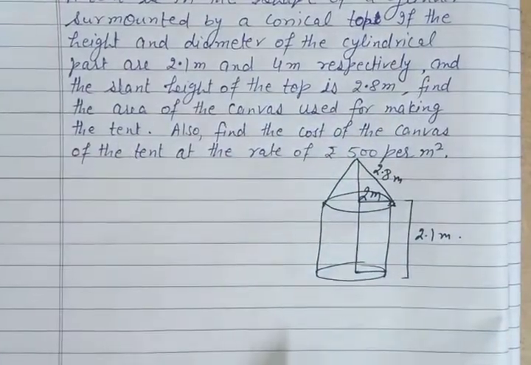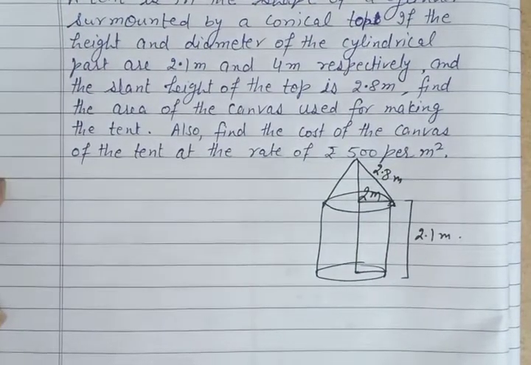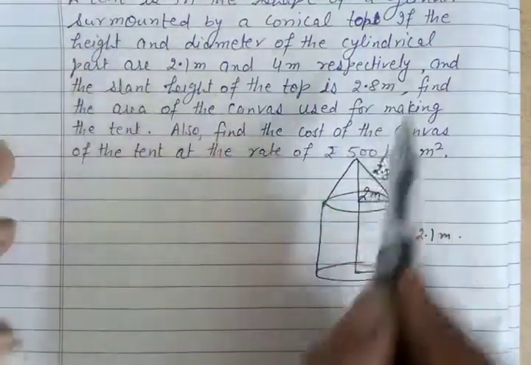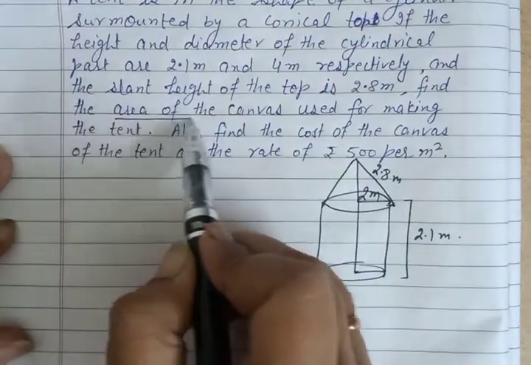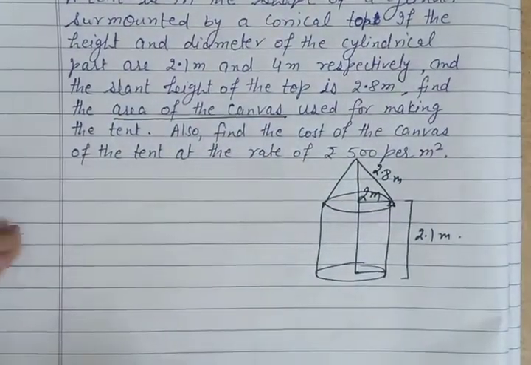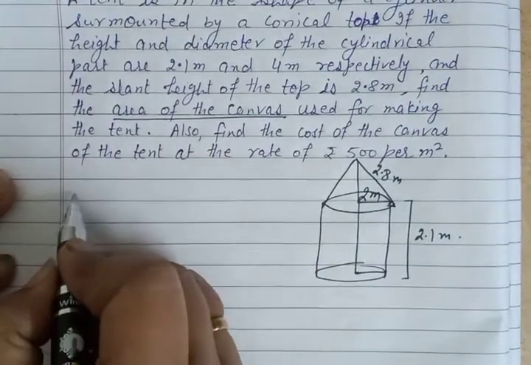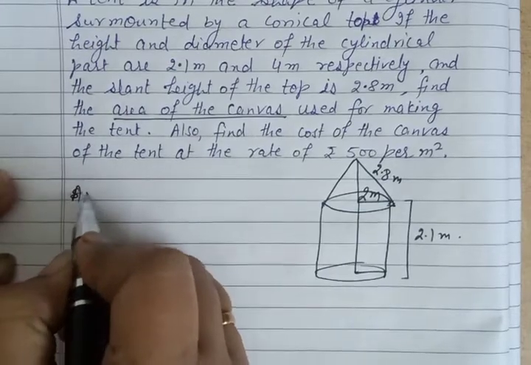Whenever the words are canvas used to make the tent, this question is related to surface area, because no word is written here to find out surface area. So area of the canvas means the total surface area which is exposed in front of us.